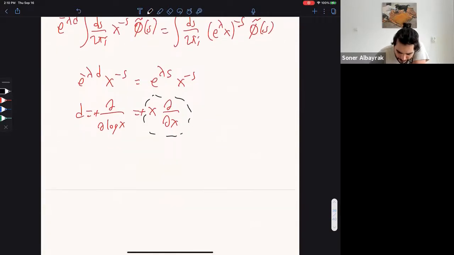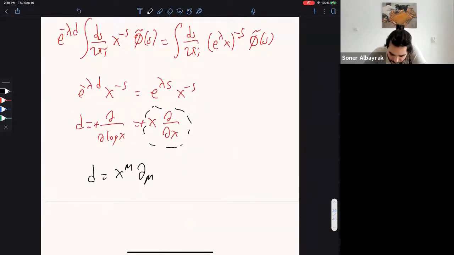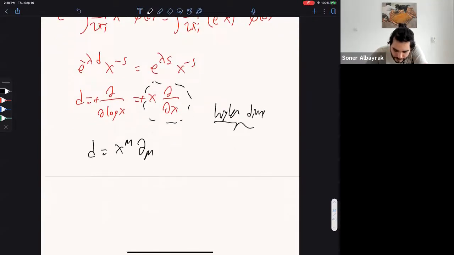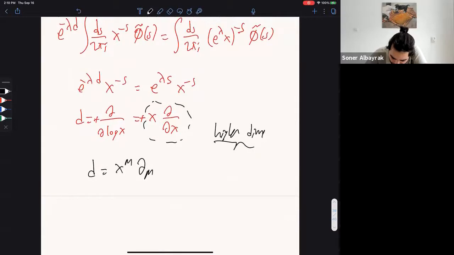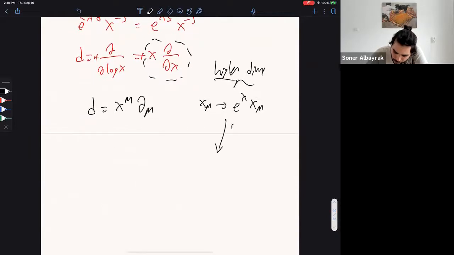Now, here's the thing. This is in one dimension, right? But in higher dimensions, it becomes x mu, del mu. You can reason it as follows. In higher dimensions, if you have scaling, let's say x mu goes to e to the lambda times x mu, go to spherical coordinates.